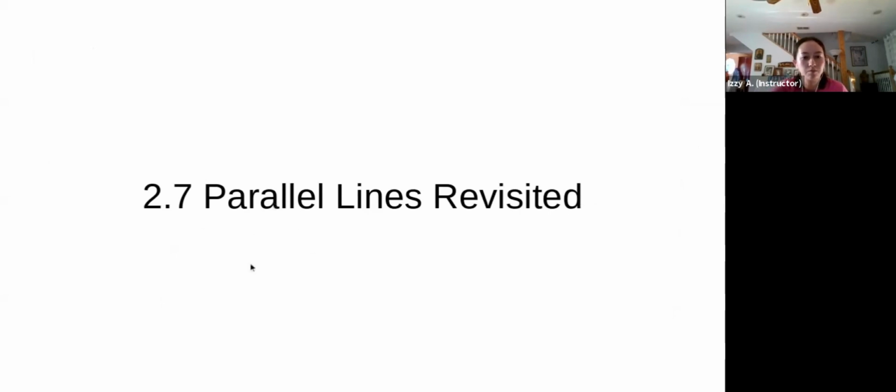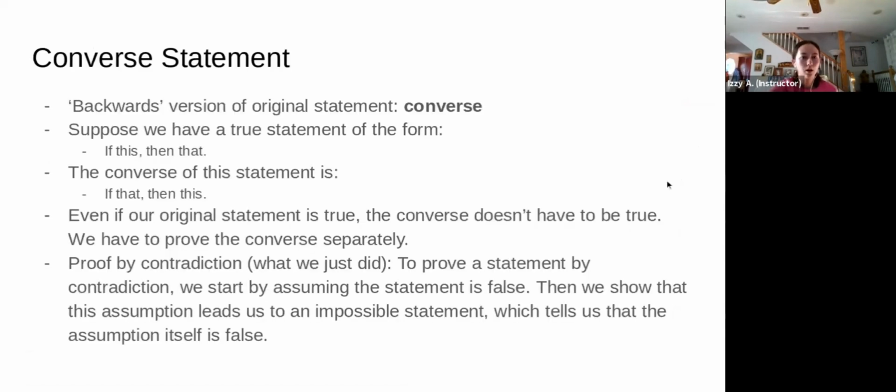This is where we left off from last class. Section 2.7 is about parallel lines, and we're going to revisit the concept again. We are also going to learn about converse statements. A converse statement is basically the backwards version of the original statement.